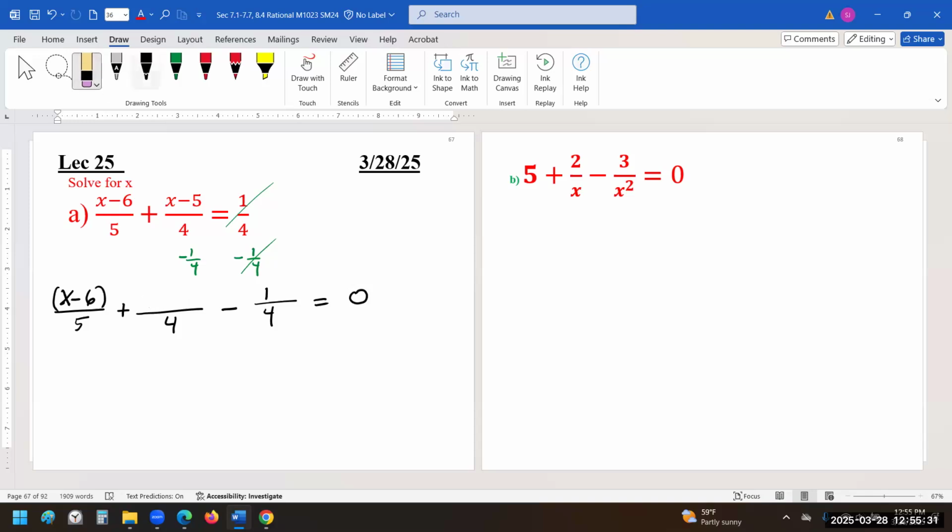Okay, so step 1, bring everything to one side. Step 2, look for the LCD. So we have 5 and 4. What's the LCD between 5 and 4? 20. So we want to have 20 under all the fractions.